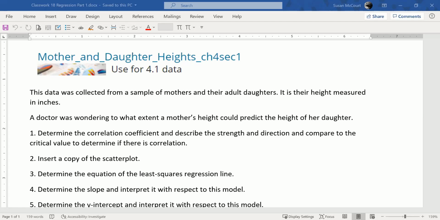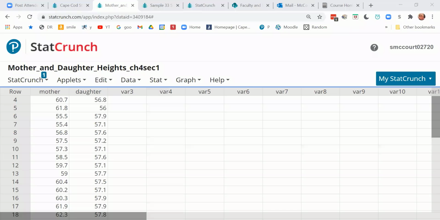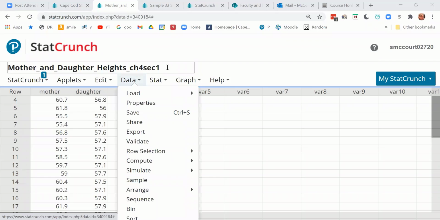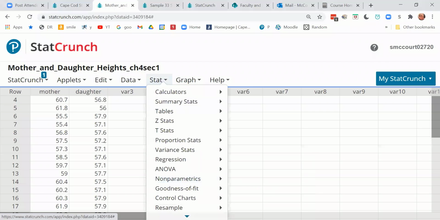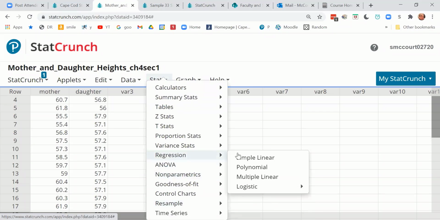So we're looking at the mother and daughter heights, and we're going to use that data in StatCrunch. Here is our data, and we want to calculate the linear regression. So we'll do Stat, Regression, Simple Linear.